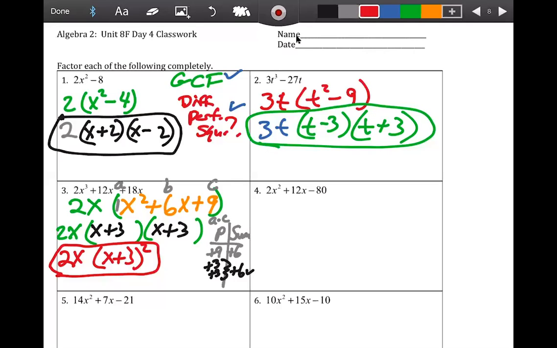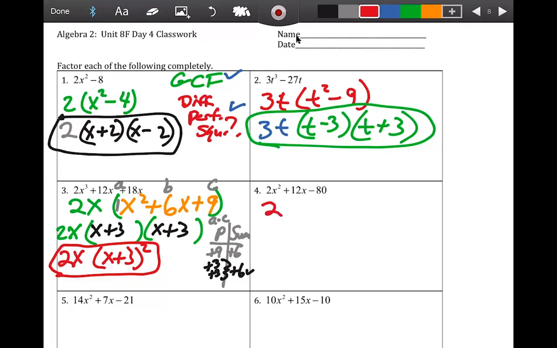I can walk you until the product sum, but after that, I got really confused. Okay, let's see how far we get. The first thing I did was I found the greatest common factor, and I got 2x.